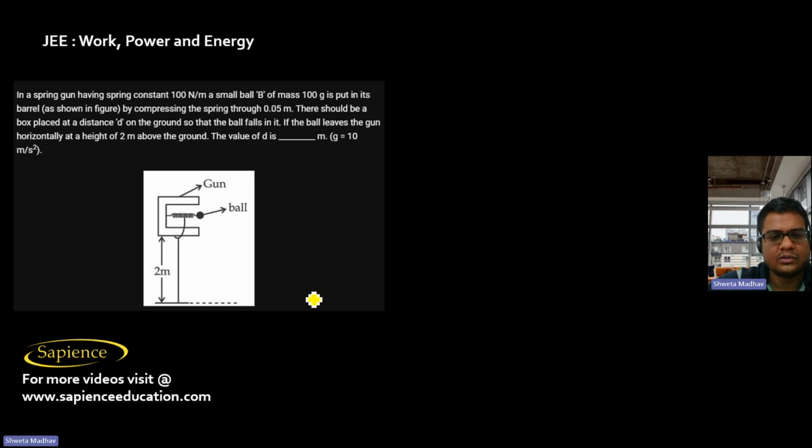So here one box should be placed here, on the ground, so that the ball can come here and it can fall on the box.